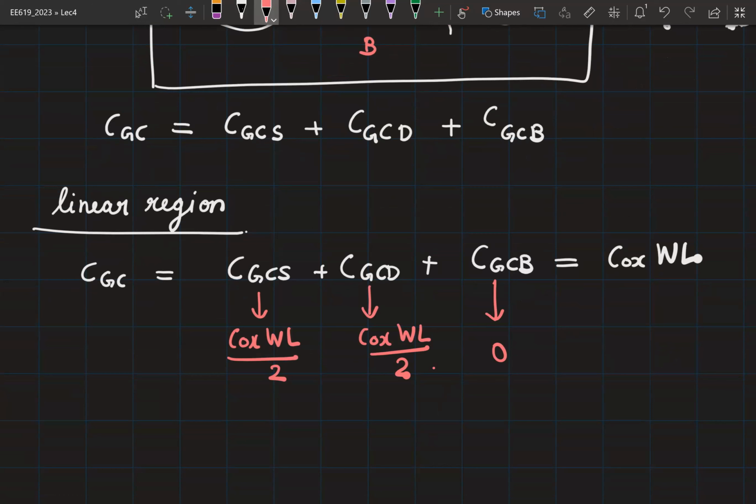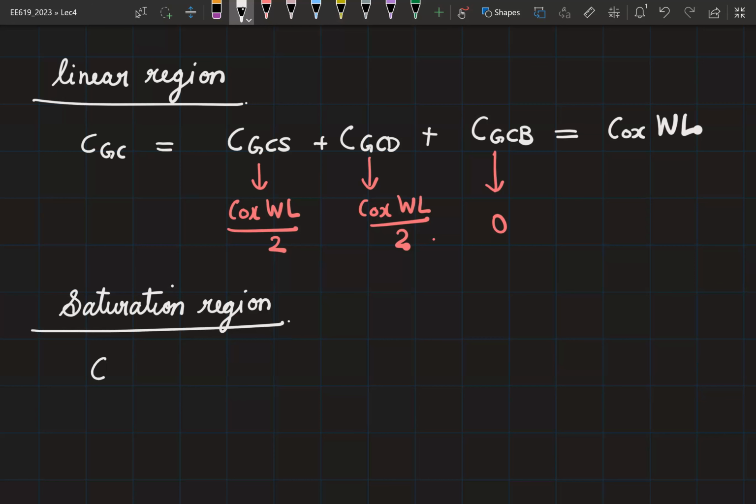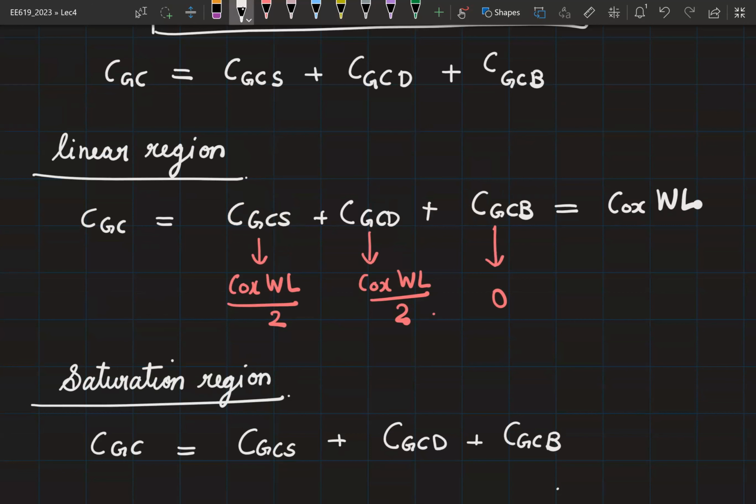Now, under saturation region, so does this make sense that the bulk component, the body component of this is 0?